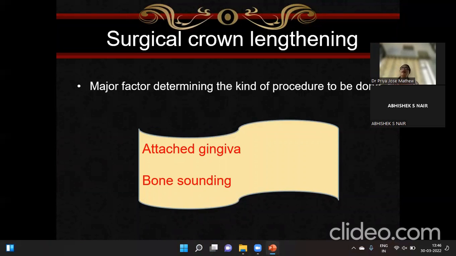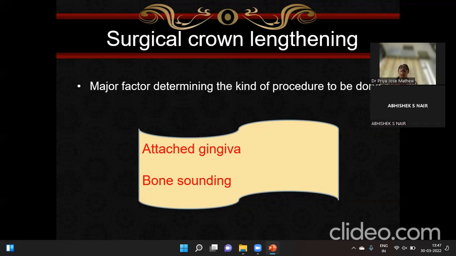Now, what are the factors that determine whether we are able to do, and what type of surgical crown lengthening procedure we can do? Now that we have only the apical option present, in apical surgical crown lengthening procedures, it may be by gingivectomy, an apically displaced flap, or a normal flap. So, what is the deciding factor for that?